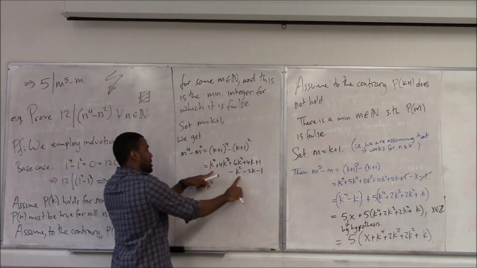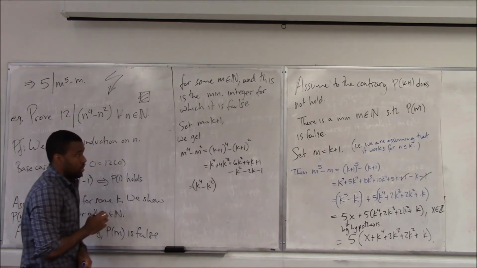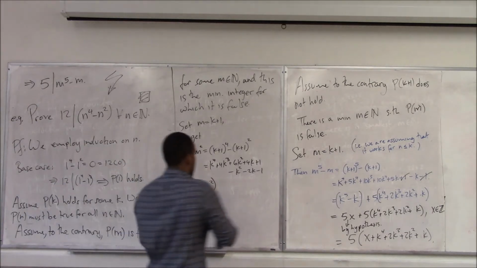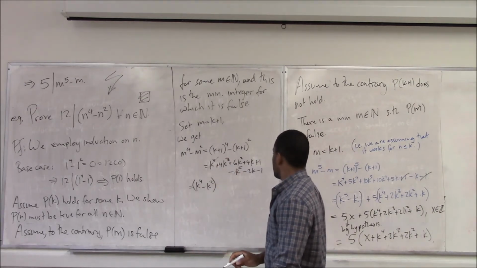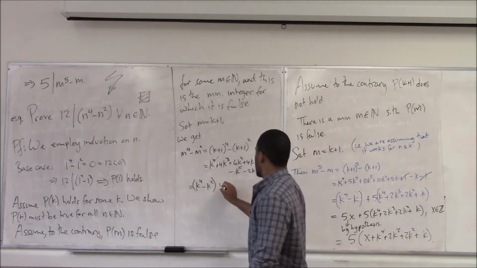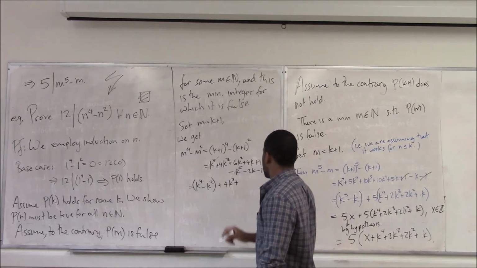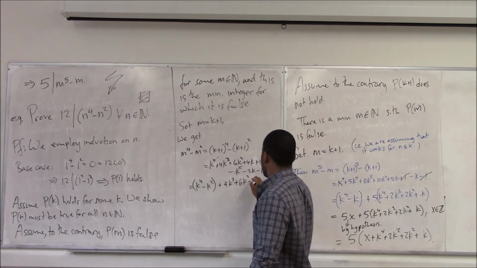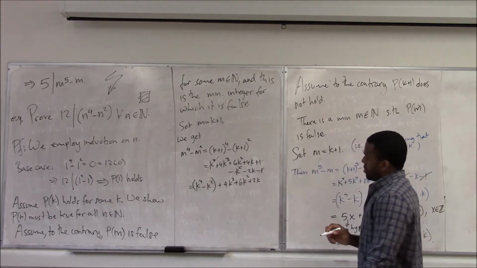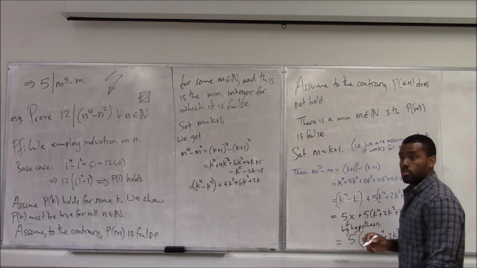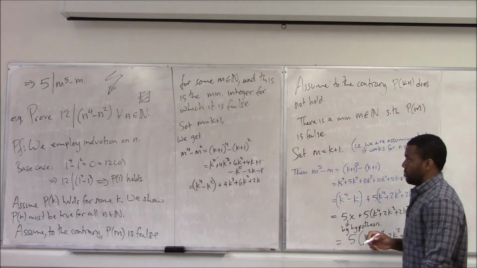I'm going to put these guys together because I know I can factor out a 12 from those by our assumption. Then what would I have left? I would have 4k cubed plus 6k squared plus 2k and the ones with that, right? Am I missing anyone?